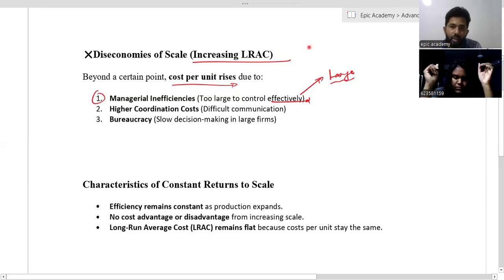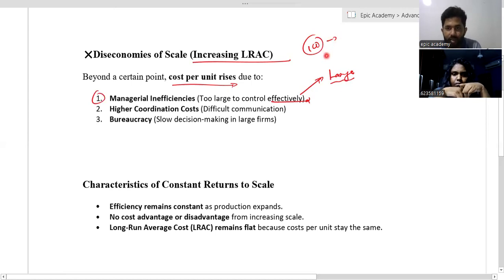Managing 100 people in the organization will be easy. Actually, it's not easy, but can we say it's easy compared to managing 1,500 people in the organization? It is very hard to manage in large-scale industries. That is why cost can be increased.